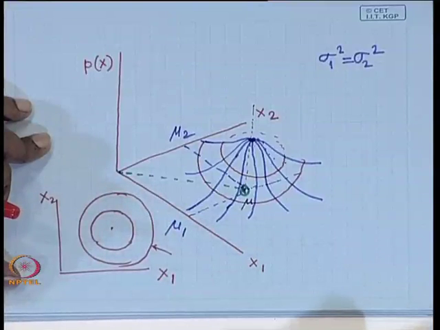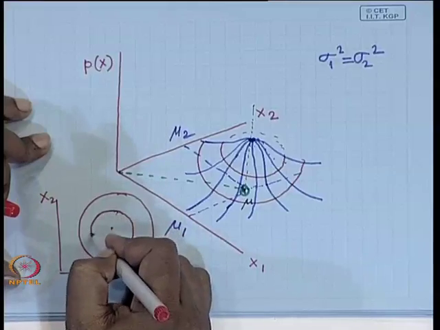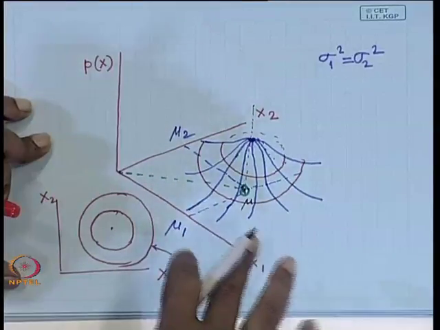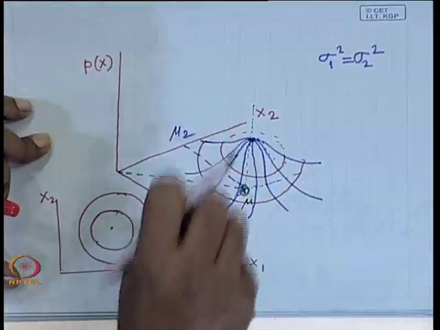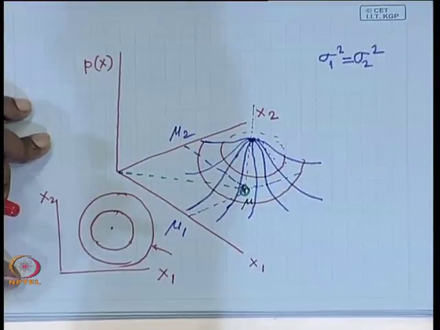As I move inside the circle, towards the center, the value of the density will increase. As I move away from the center, the value of the density function will go on decreasing. So, that indicates that along this circle I have the more probability of occurrence of the set of points which are drawn from a single population arbitrarily, or drawing of one sample does not depend upon the drawing of another sample.